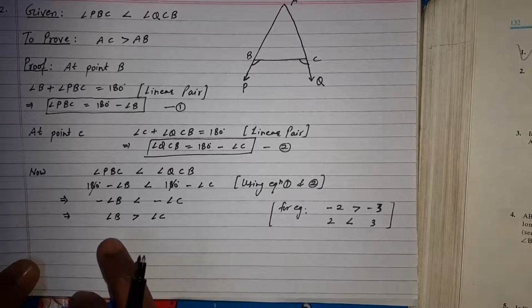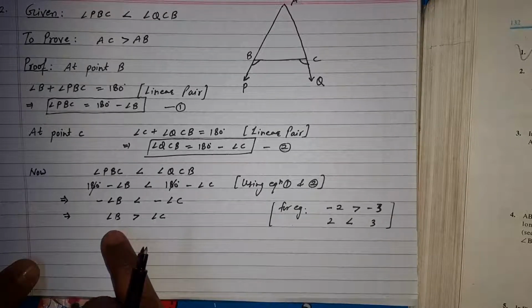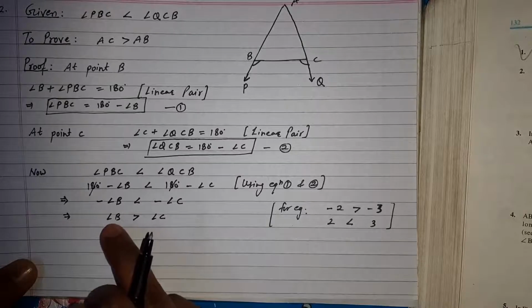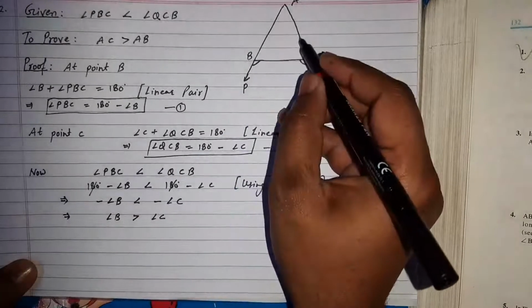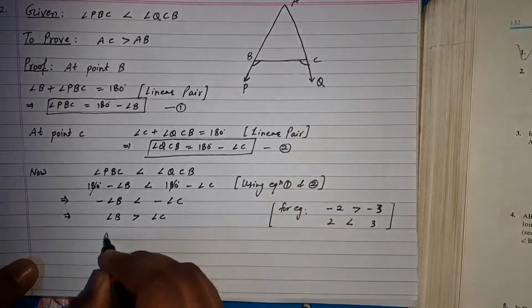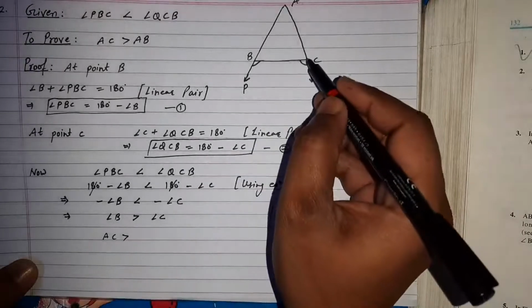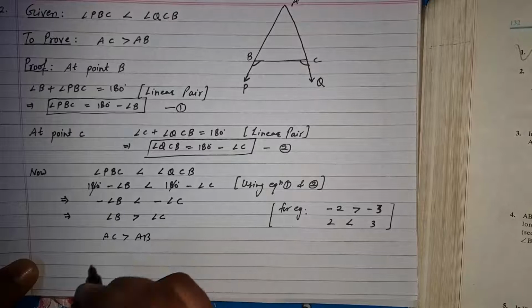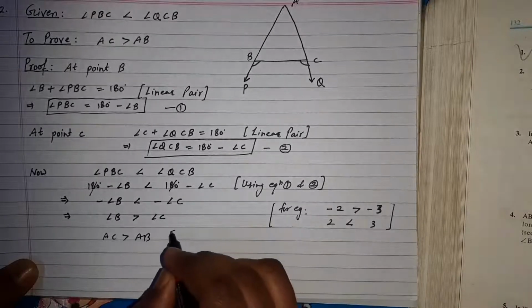Now by using the theorem, the side opposite to the larger angle is longer. The side opposite to angle B is AC, and the side opposite to angle C is AB. So AC is greater than AB.